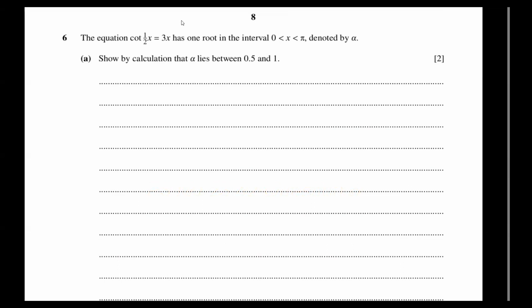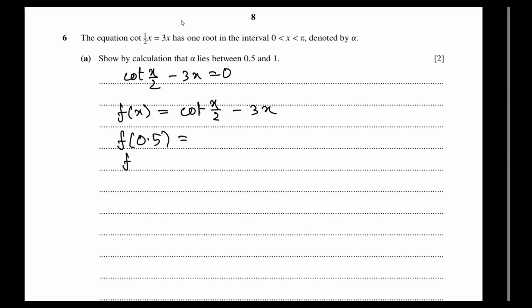To show this, let's transfer all the terms of this equation to the left-hand side, and afterwards we'll consider cos(x/2) minus twice x as f(x). Now calculate f of 0.5 and f of 1.